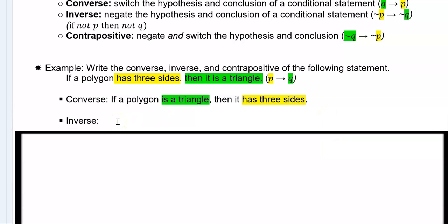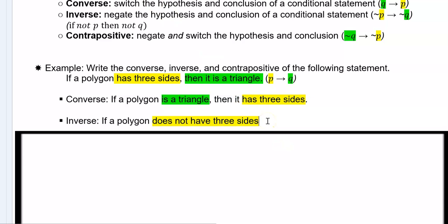So now let's try our inverse. To do the inverse, we negate the hypothesis and conclusion of a conditional statement. So we're going to go back to our original statement and add in that word not. If a polygon does not have 3 sides, you notice because we're speaking in English, I had to change the phrase from, I'm not going to say not has, I'm going to say does not have, because that's how we say the negative part of has in the English language.